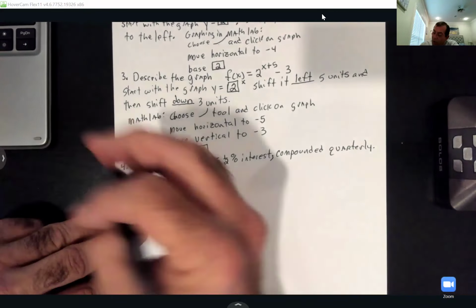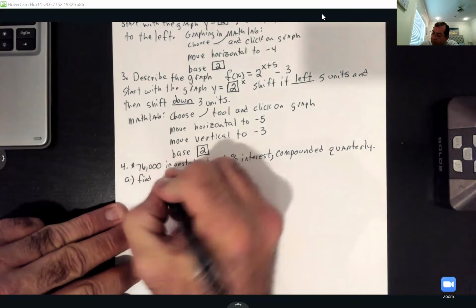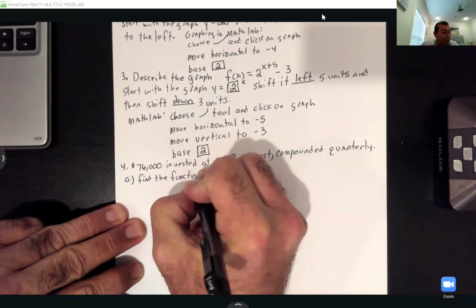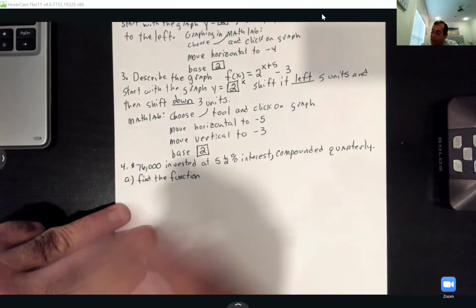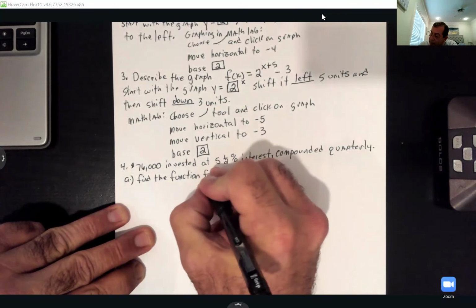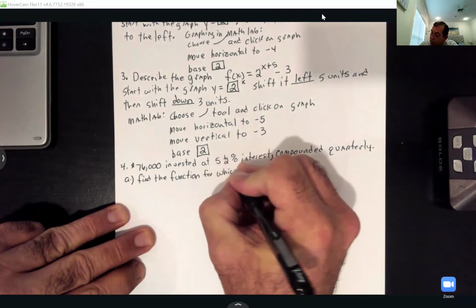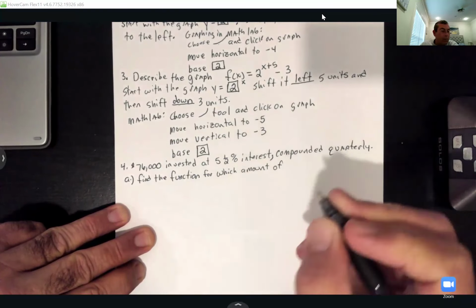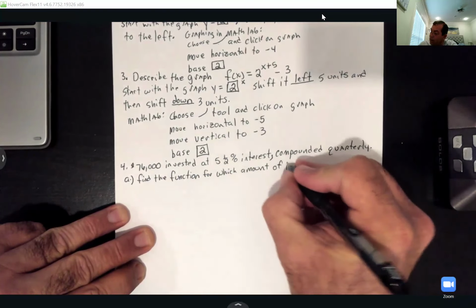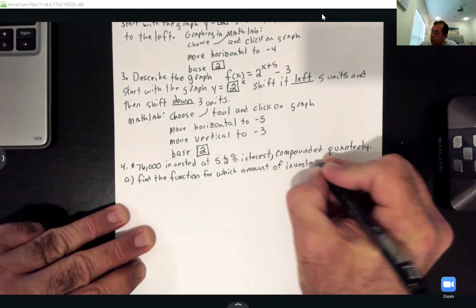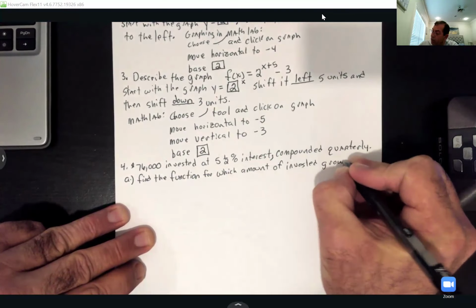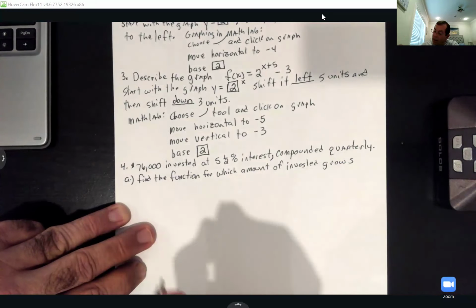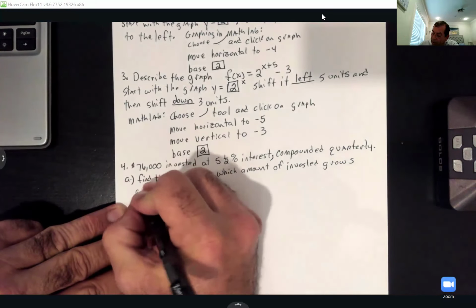So part A, they want me to find the function for which the amount of the investment grows after T years.